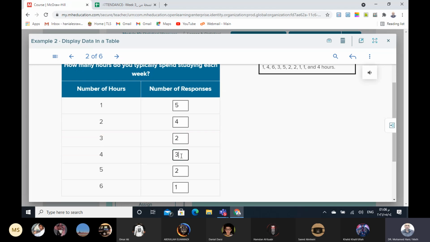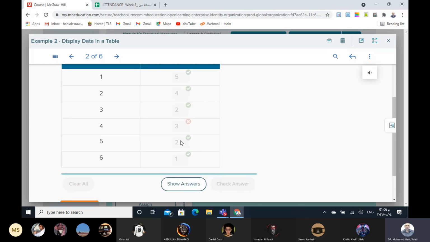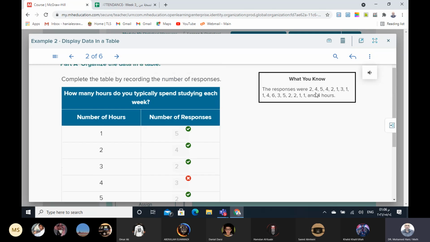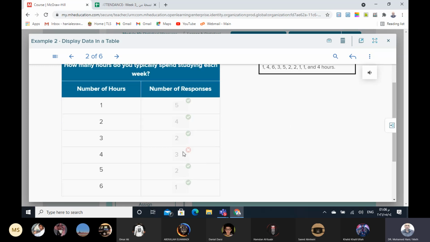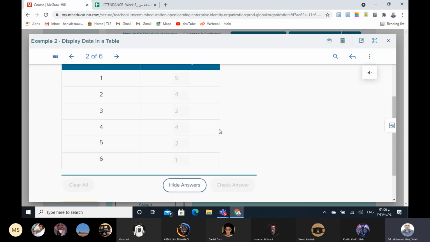So we have here 3. Right. How many 4s? Go back here. We have 1, 2, 3. And here we have the 4, 1. So we have 4 4s in the table.